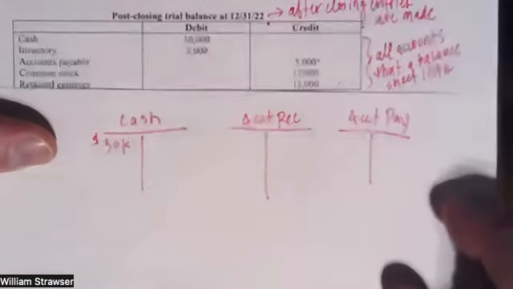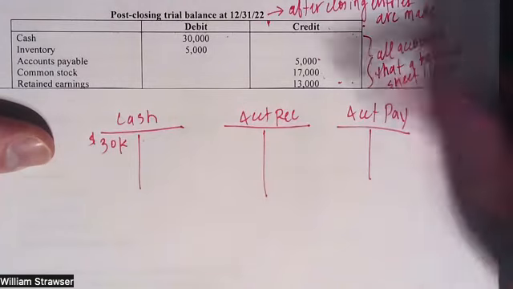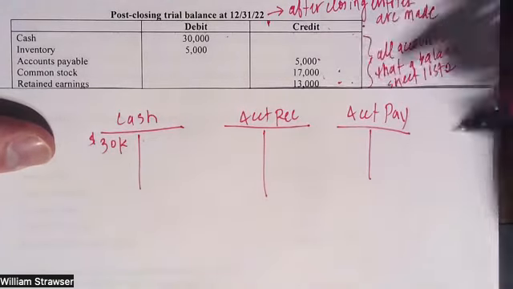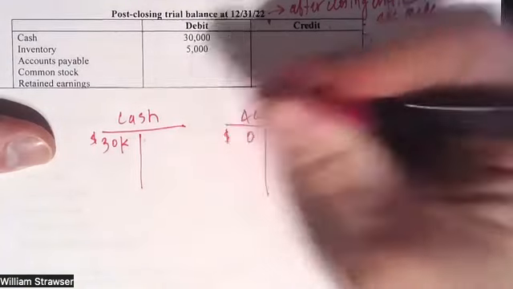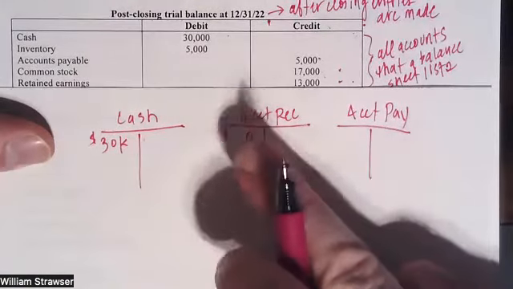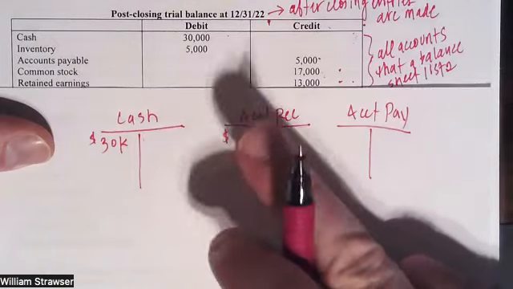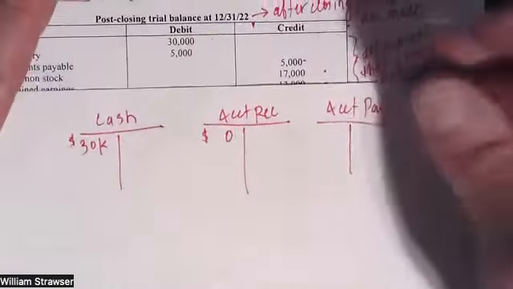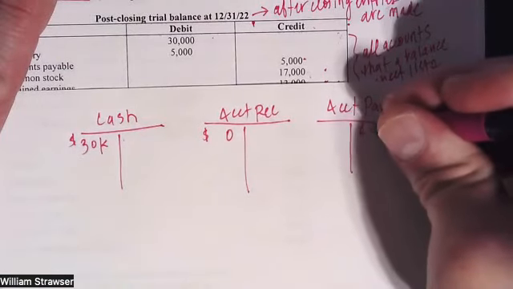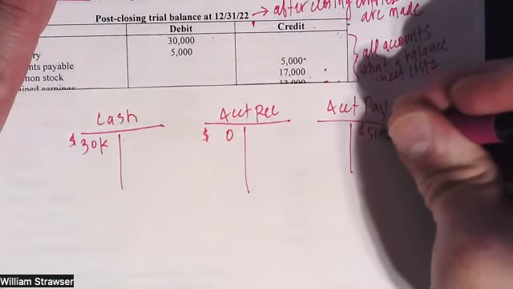So 30K is there. Accounts receivable, notice it's not here. So I did not have a beginning balance of accounts receivable, even though I put it on the debit side, even though it's 0, because this is a normal debit account. It's an asset. And then accounts payable is 5,000. That's its opening balance, and it's a liability. So it's a credit balanced account.